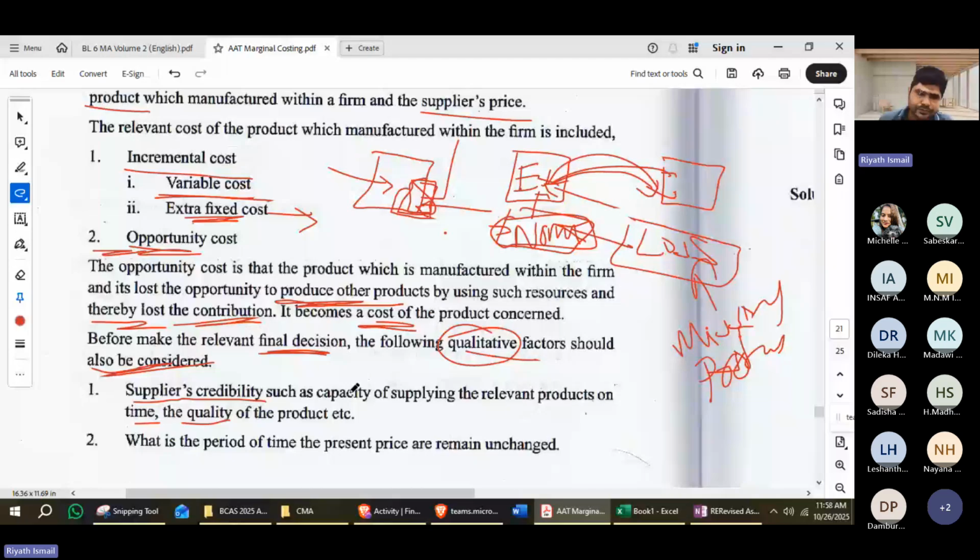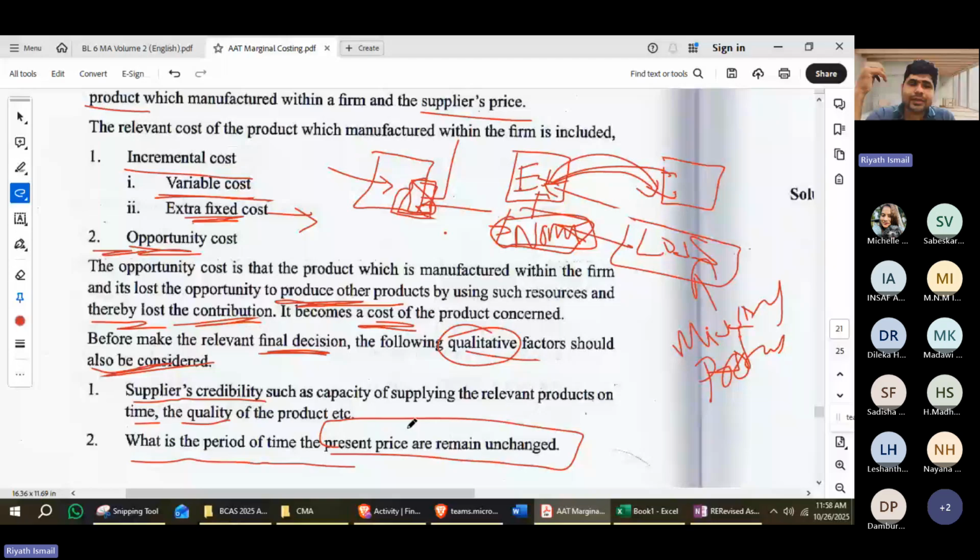And what is the period of time the present price remains unchanged? Right now, at the time of contract, the supplier convinces us to provide the product at a cheaper price than we produce.